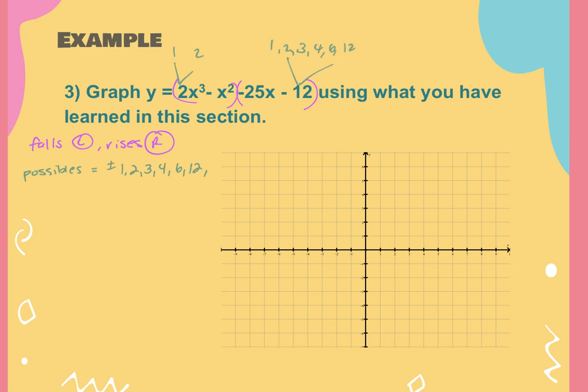And then all of those go over 2. So 1 over 2. 2 over 2 is 1, and we already have it. 3 over 2. 4 over 2 is 2, and we already have it. 6 over 2 is 3, and we already have it. 12 over 2 is 6, and we already have it. So here's my possible bank.